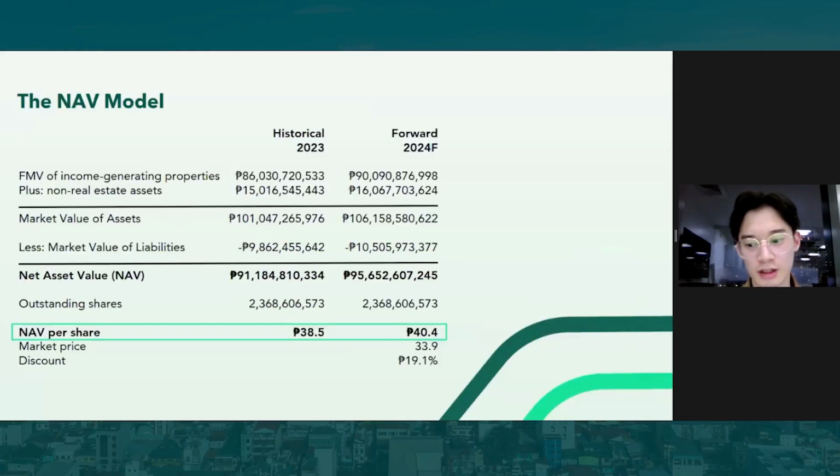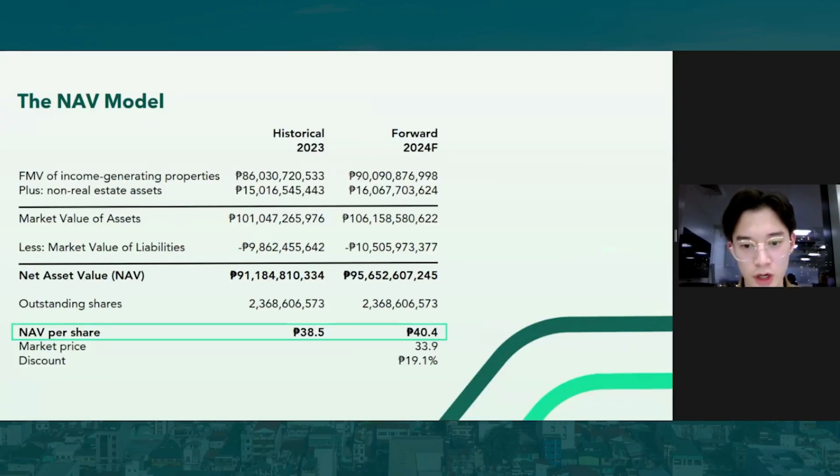Next slide. Okay, so now this is what you would expect to see for your NAV model. So fair market value of its income generating properties plus the non-real estate assets. So 90 billion plus the 16 billion, which is taken from our own model.